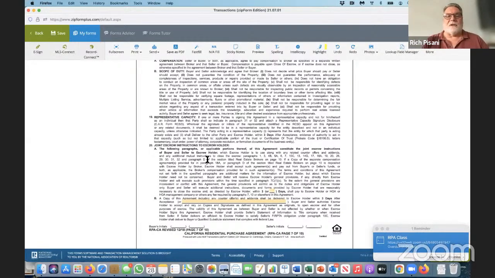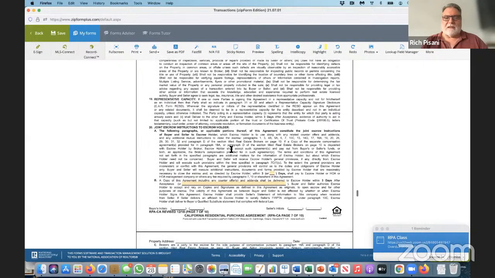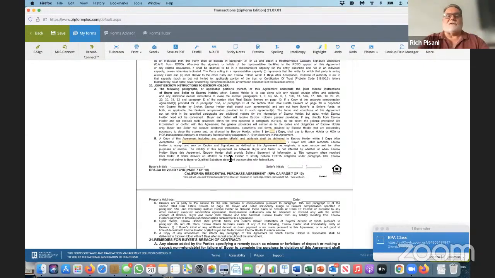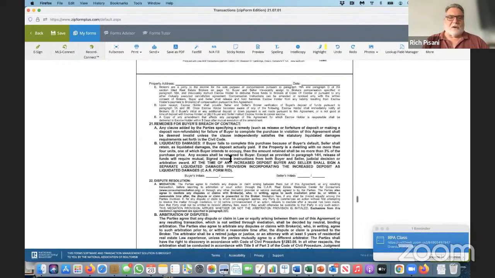I know that's a little confusing, so I'll just leave it at that, and you can call me and I'll try to explain it. Joint escrow instructions. Escrow is going to take this agreement and make it into escrow instructions.